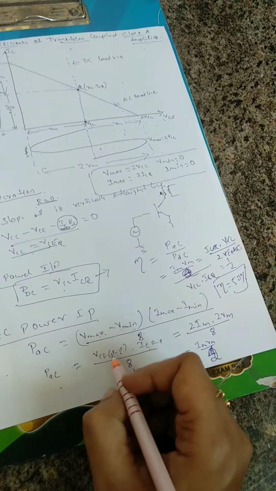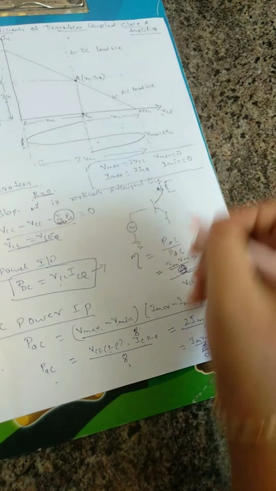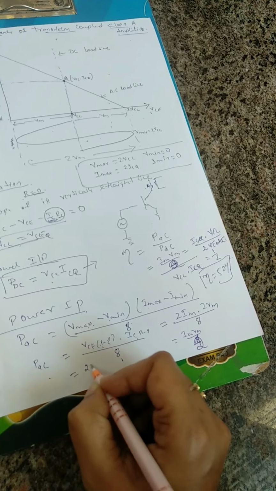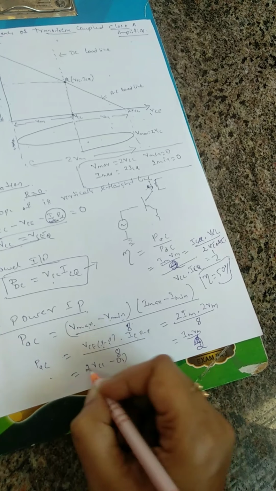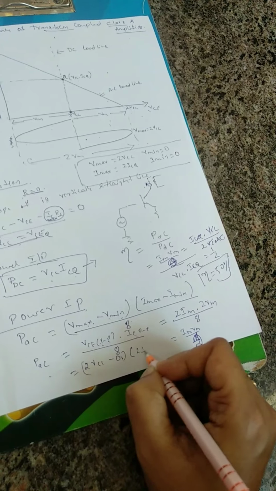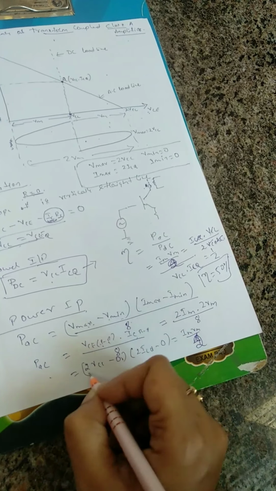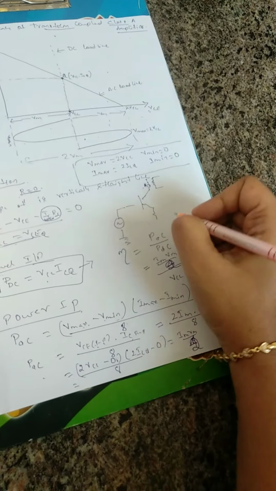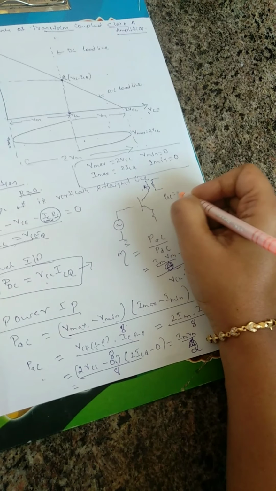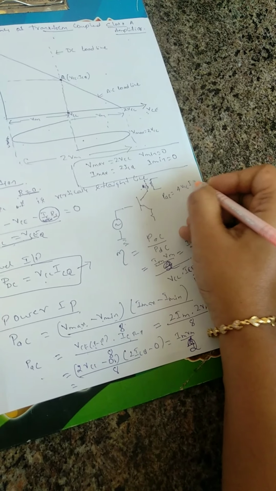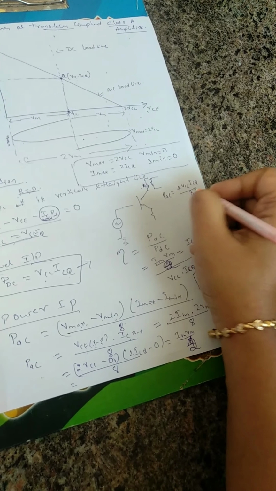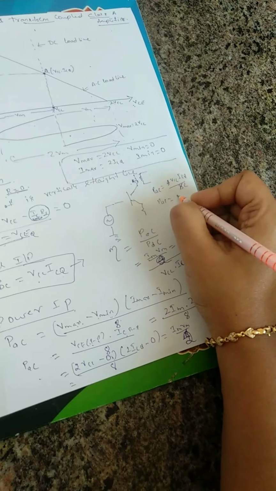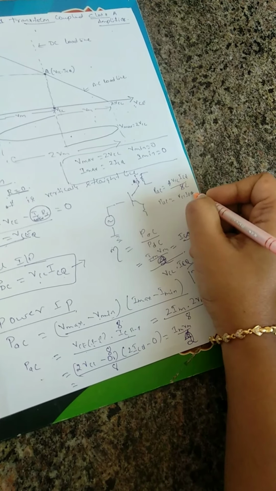Applying here, Vmax is 2 VCC minus Vmin is 0, Imax is 2 ICQ minus Imin is 0, divided by 8. That is 4 times VCC ICQ divided by 8. So PAC is equal to VCC ICQ divided by 2.